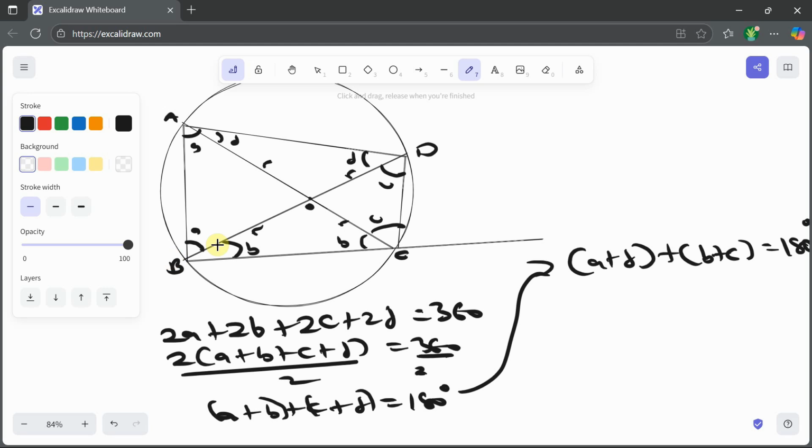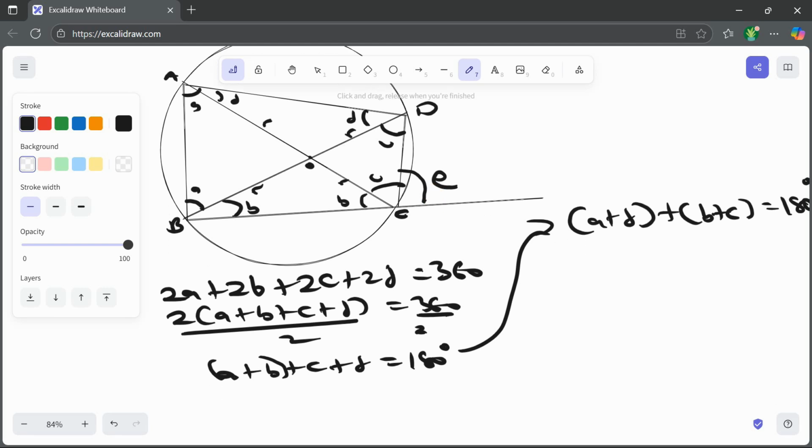This one is one segment, this is another segment, divided by this line. Now if I have an angle, let's say an angle E here, you agree with me that B plus C plus E should give me 180 degrees, right?